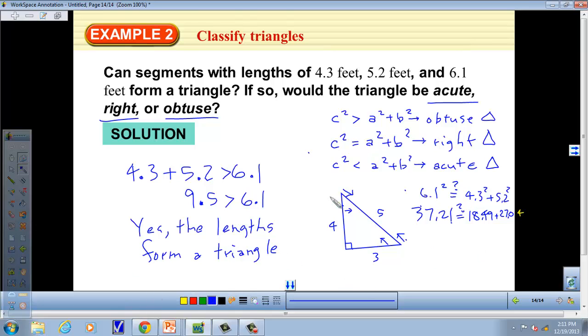So 37.21 is here, and over on the other side, if we add those together, we get 45.53. And we find out that c squared is less than a squared plus b squared. Since c squared is less, we would say this is an acute triangle. Okay?